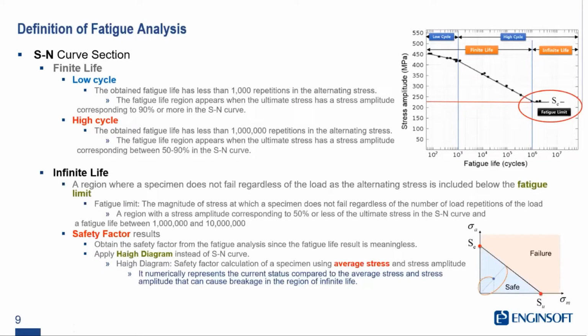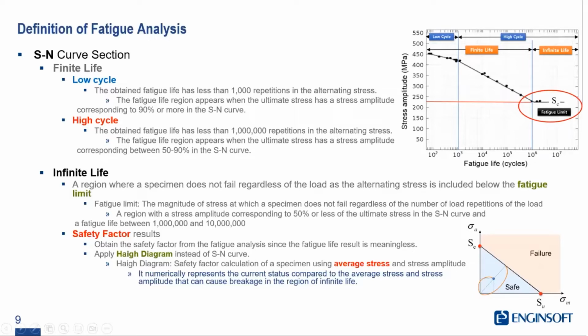When we're talking about something that we're expecting to be in the infinite life regime, then talking about the SN curve becomes a little bit less useful, because we care more about what our margin of safety or safety factor is versus where we're lying on the SN curve, because we expect to always be below the fatigue limit. And that's where this Haigh diagram comes in.